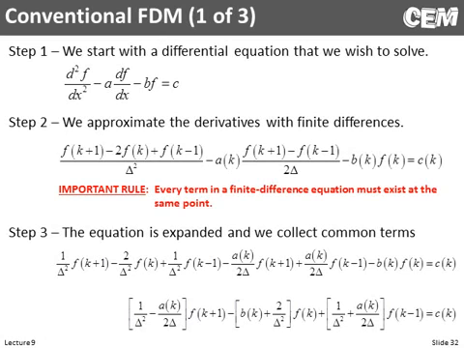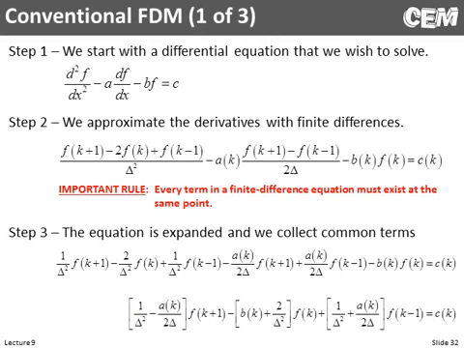Now, a really, really important rule that we can see at this point: we have to look at all of the terms in our finite difference equation and make sure they all exist at the same point. So this is where the forward, backward, central finite difference thing comes in. They all define the derivative at different points.